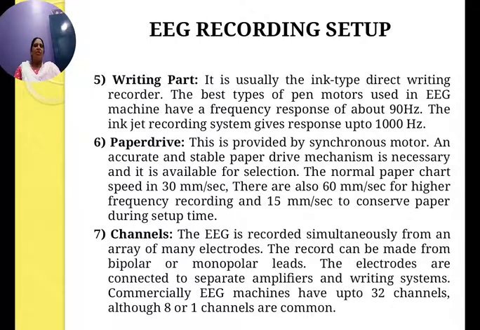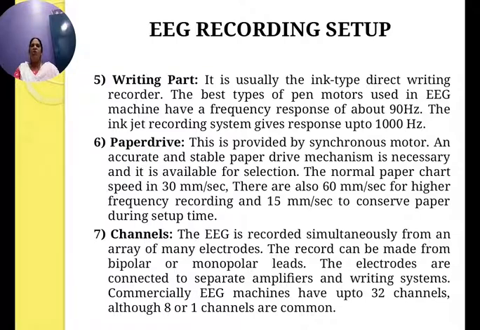The channels. The EEG is recorded simultaneously from an array of many electrodes. The electrodes are connected to separate amplifiers and writing systems.